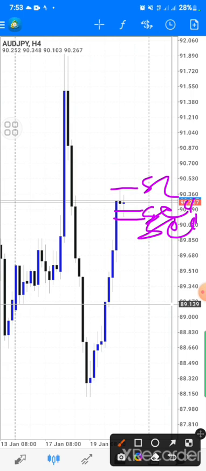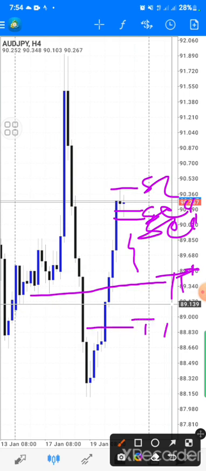Wait for the candle to react. Wait for the market to play. When it plays, your TP should come around here. That's your TP1. Your second TP should fall around here. TP2.